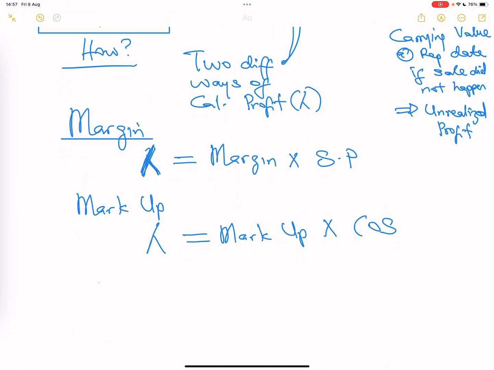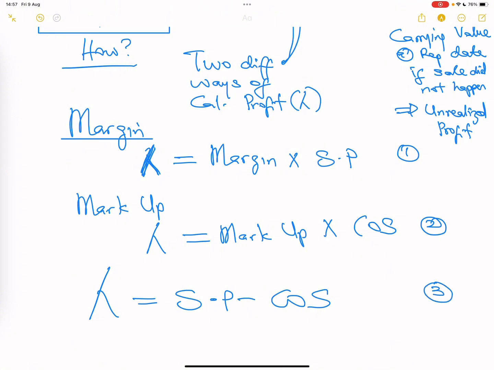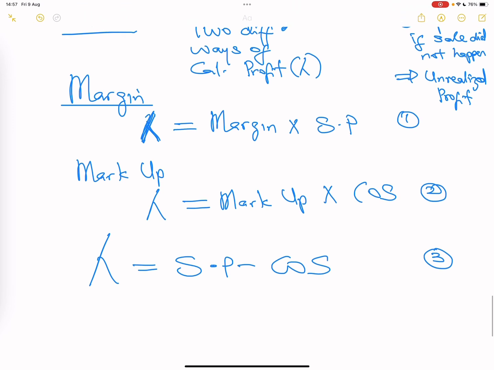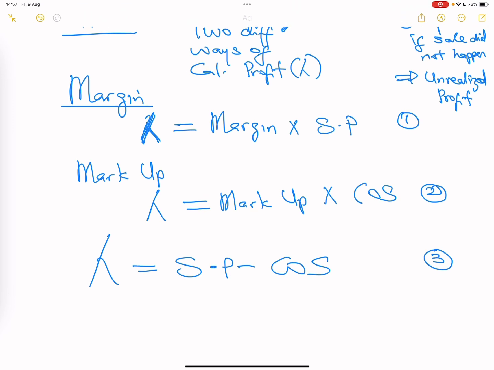And I know I don't have to tell you that profit is equal to selling price minus cost of sale. So you don't need to memorize anything. Once you know equation 1 and equation 2, and obviously you already know equation 3, any question they give you, you will be able to calculate your unrealized profit. It is not difficult at all.